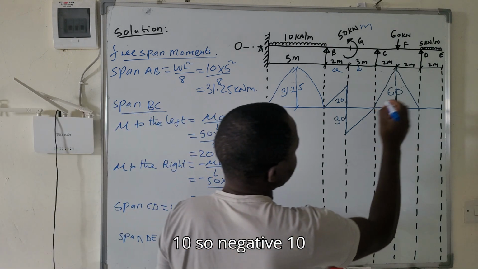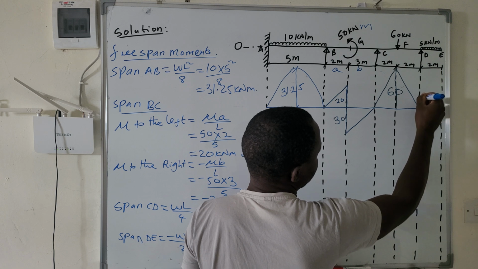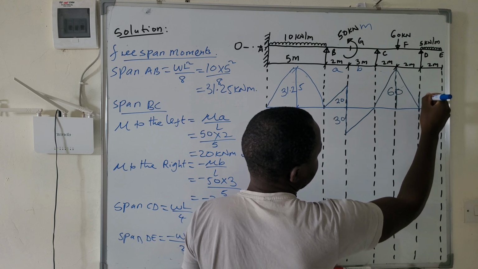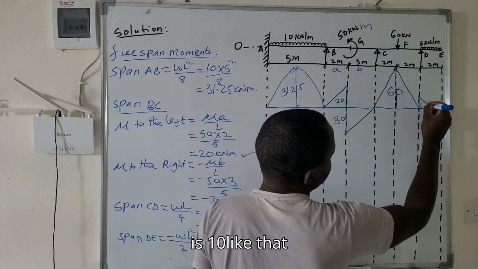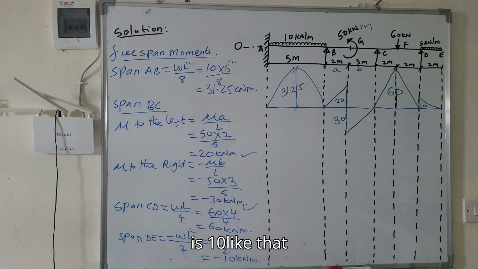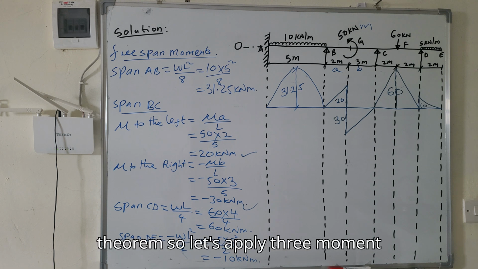So negative 10 will be a curve. So this is 10, like that. After doing so, the next thing to do is to apply three-moment theorem. So let's apply three-moment theorem.